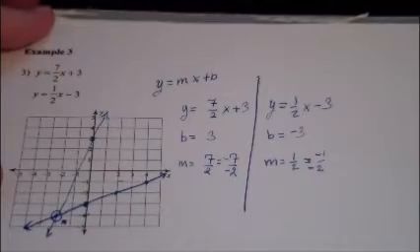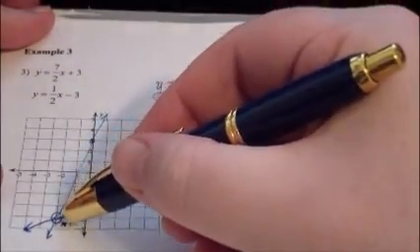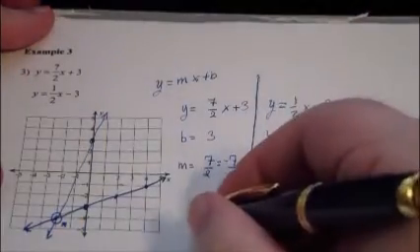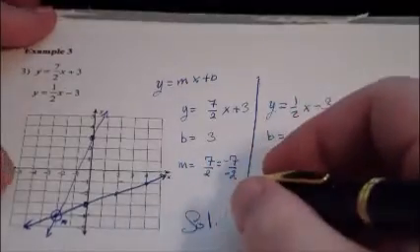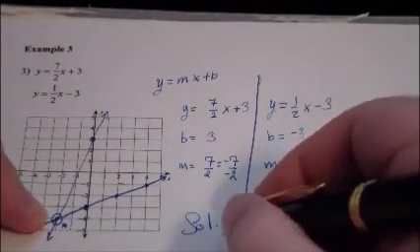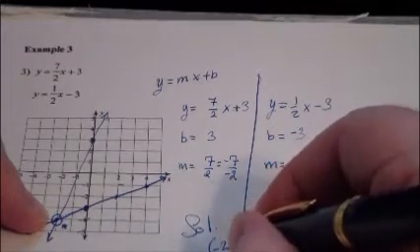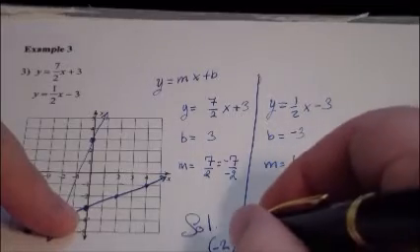What's the x value? X value is -2, so let's write this down. Solution. Gotta love math. 3 letters. Don't even have to worry about the whole word. -2, comma, y value is -4.